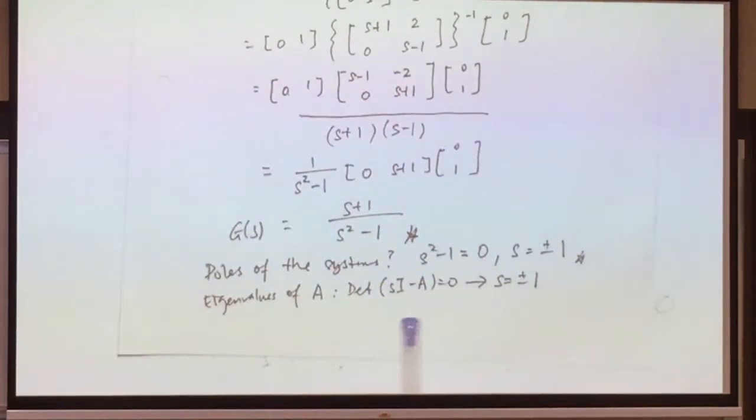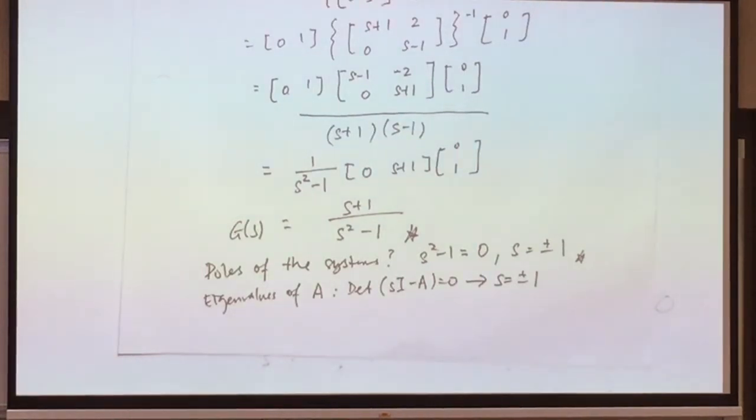So if we set s squared minus 1 to 0, we have s equals plus or minus 1. So we tell you that the poles of G(s) are the same as the eigenvalues of A. You get that? Okay. Any questions?